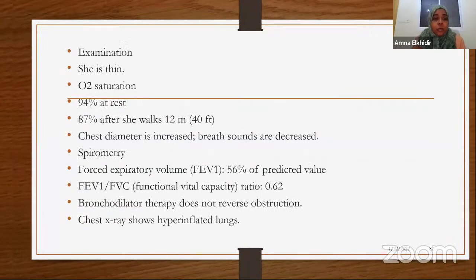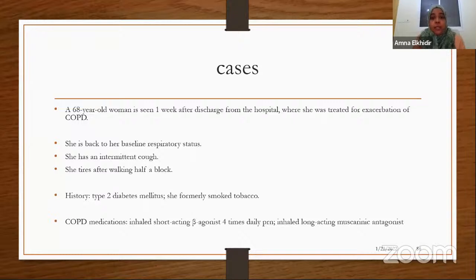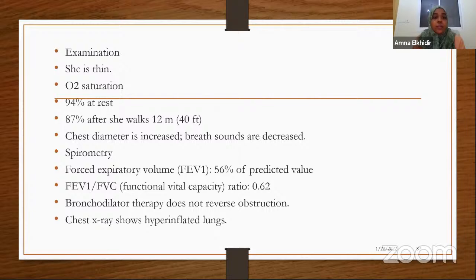She is already on a short-acting beta agonist and an inhaled antimuscarinic antagonist, and she has symptoms despite this treatment. So what should we do next?